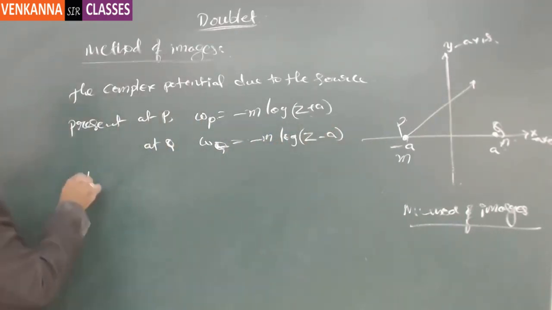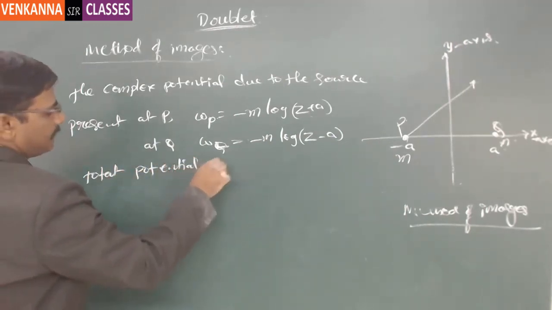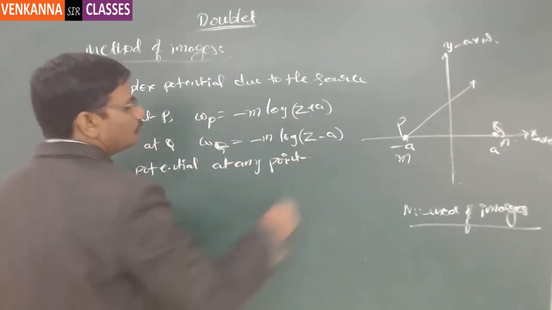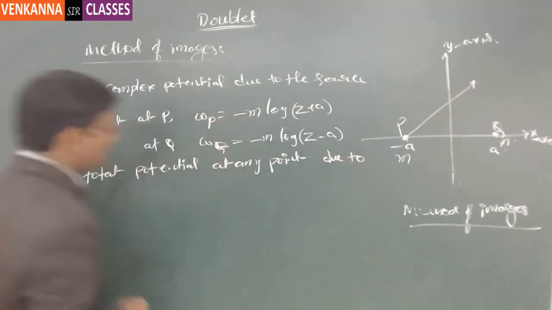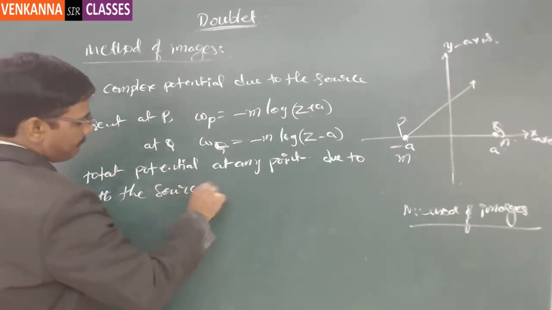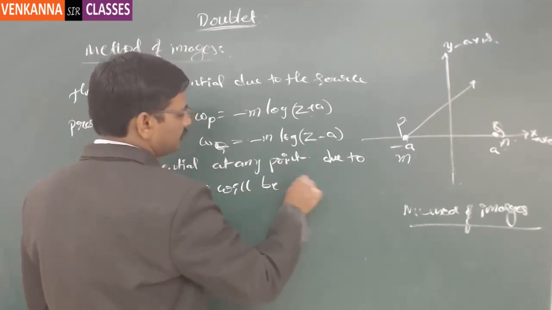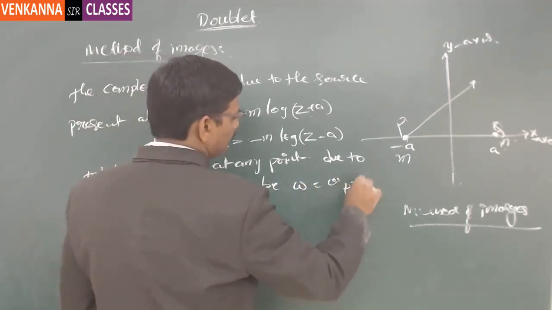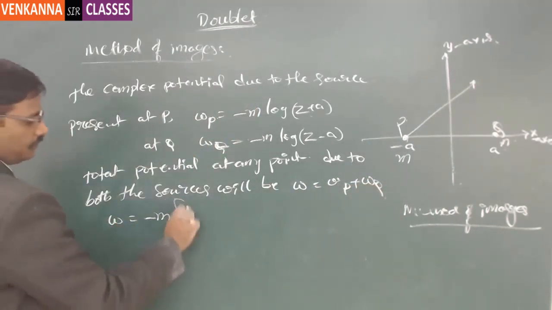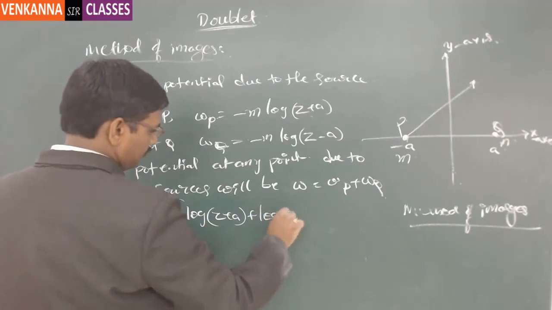So the total potential at any point due to both the sources will be W is equal to WP plus WQ. Then W is equal to minus m into log (z plus a) plus log (z minus a).